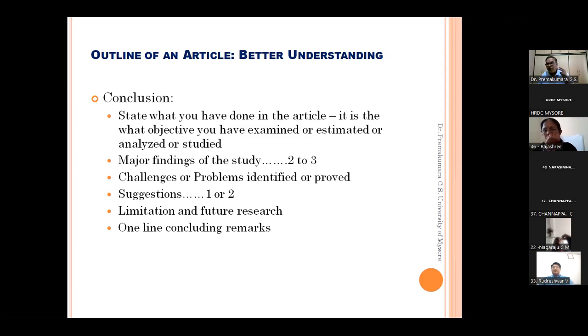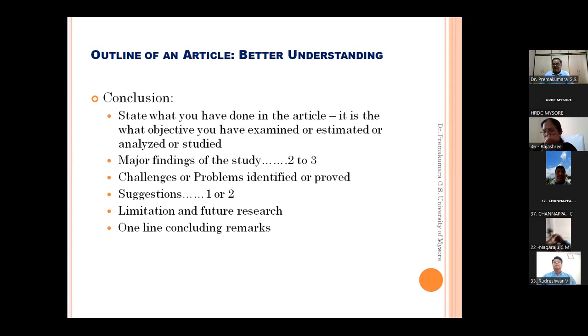And then 2 or 3 major findings: what you have proved, what you have not proved, what you have identified. That has to come there. Then the challenges or problems in the subject matter, and then suggestions.